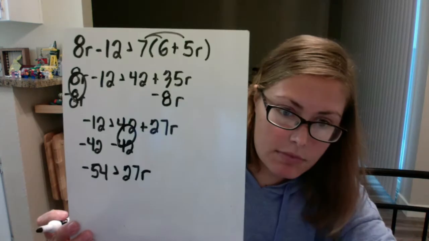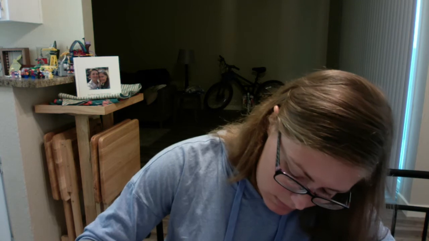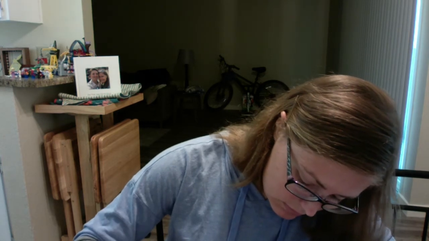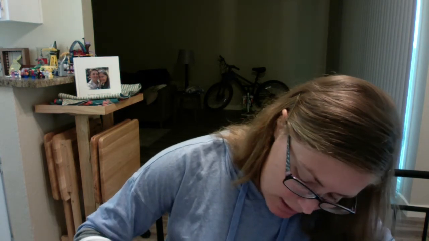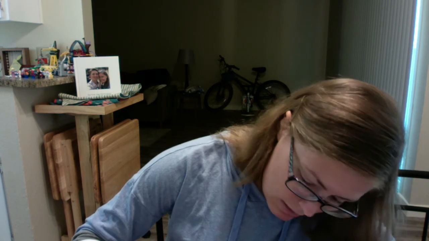When we do that, we get negative 54 is greater than 27r. Divide each side by 27. And we get negative 2 is greater than r.